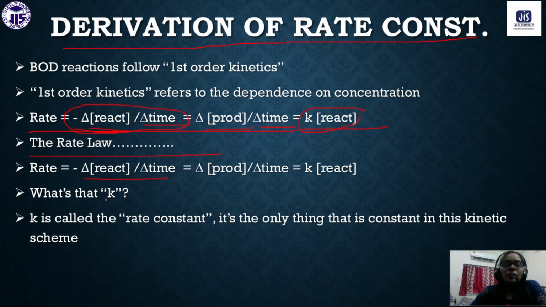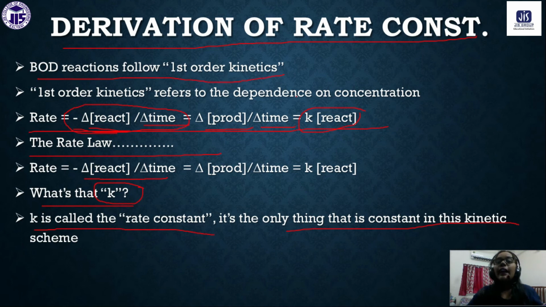Here the rate constant is marked as K. K is called the rate constant, and it is the only thing that is constant in the kinetic scheme.